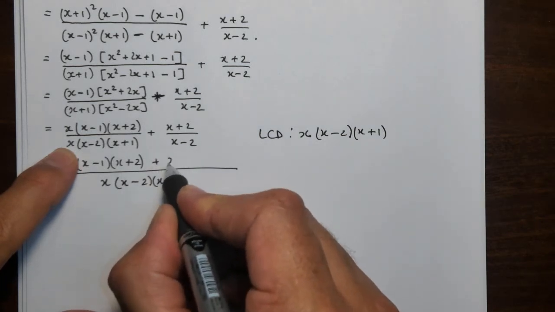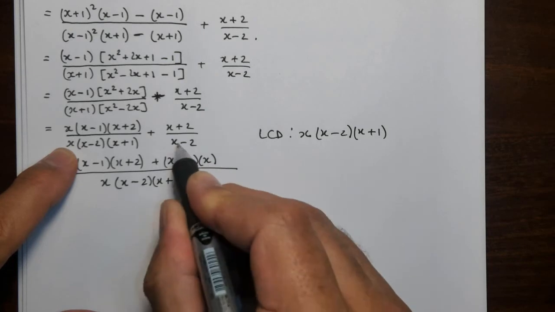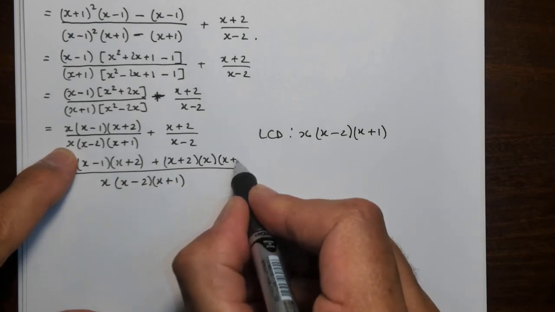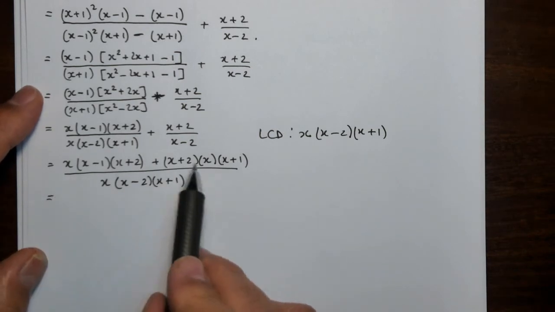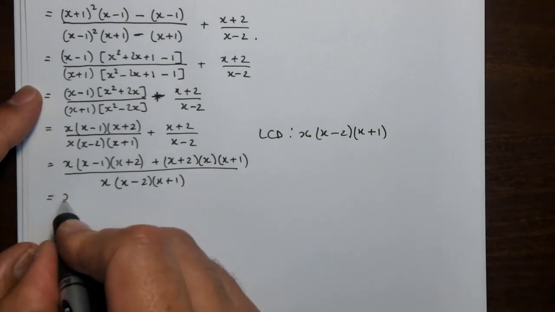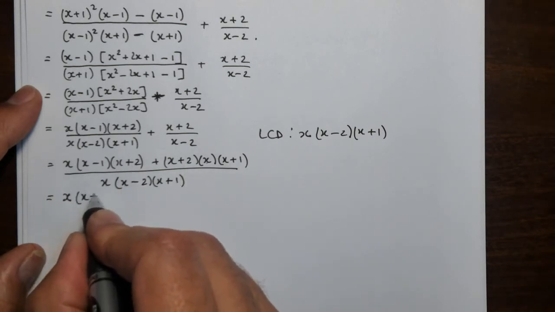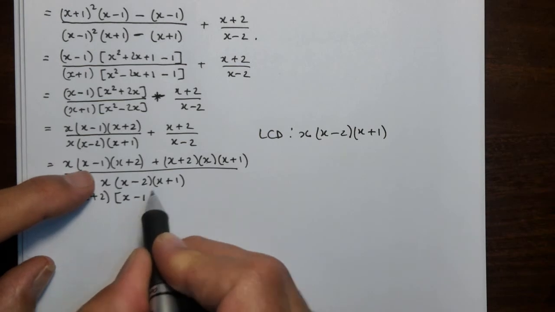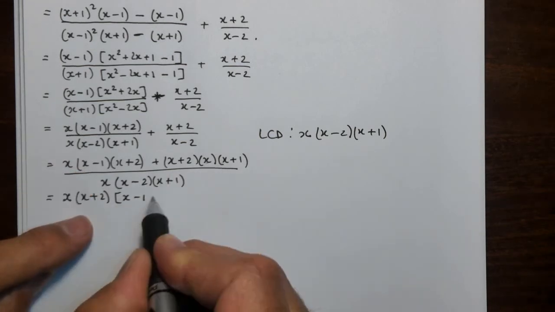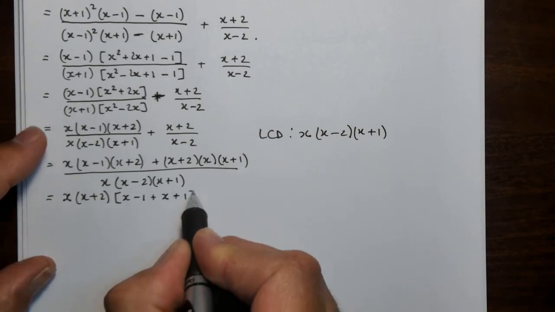So I get plus the (x plus 2) that was there, times x, and then times (x plus 1). Okay, folks, and then I can remove common factors. The x is common, the x plus 2 is common, and what is left is this (x minus 1), x, and x plus 2 is common, plus the (x plus 1) over there.